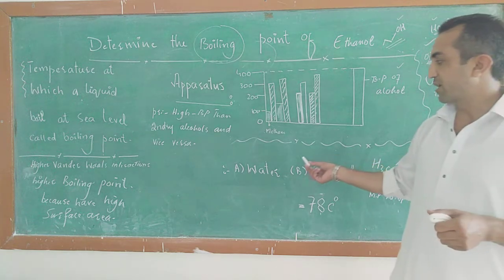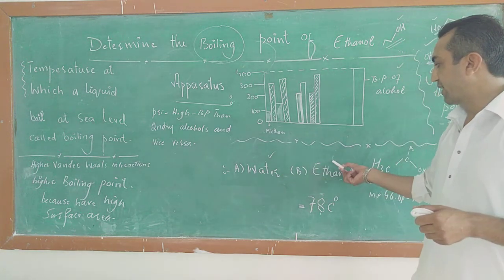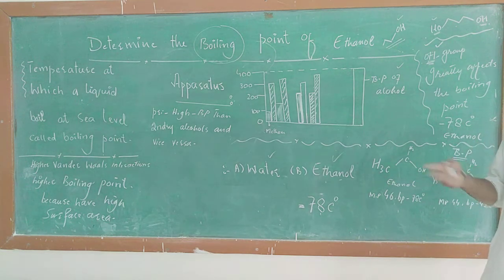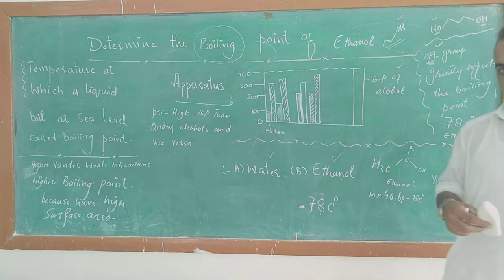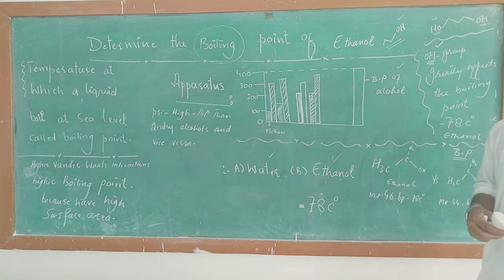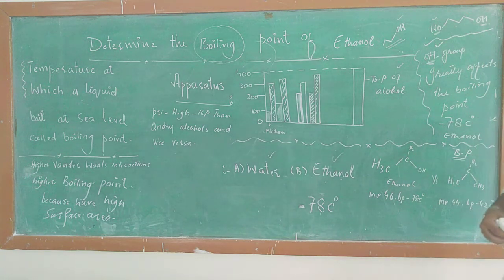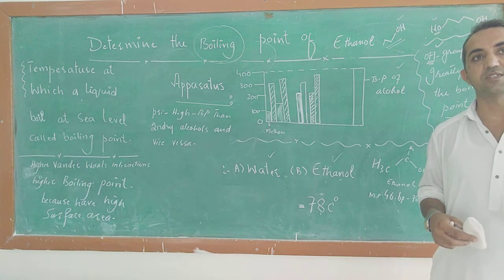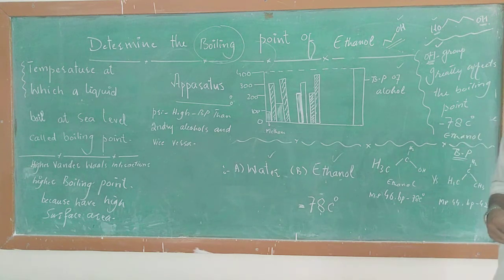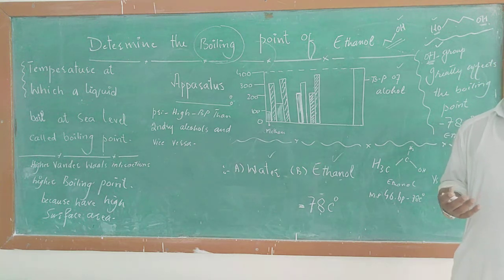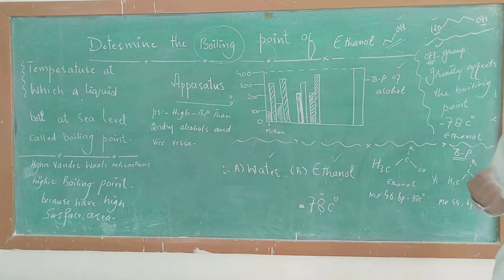So in this experiment, we will need water and ethanol. In this procedure, as we did to determine the melting point in the last experiment, we will use the burner, the beaker, the thermometer, the wire gauze, the tripod stand, and the iron stand, along with the capillary tube, in which we will pour some ethanol and heat it up.